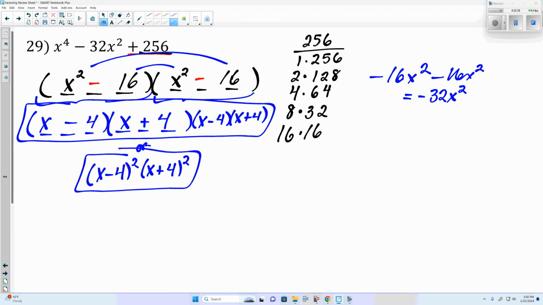But as we see here with the factoring, even though we're talking about x to the fourth and x squared, it didn't really change. The process didn't change for what we were doing. It's just that there's another step beyond it. And we kind of see that there.